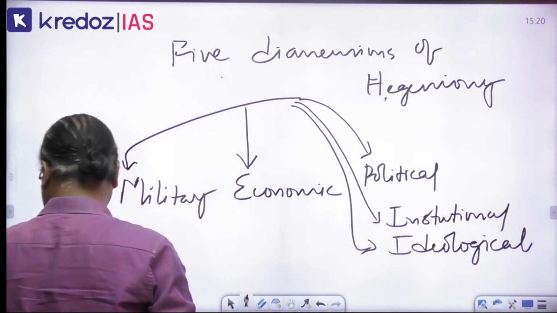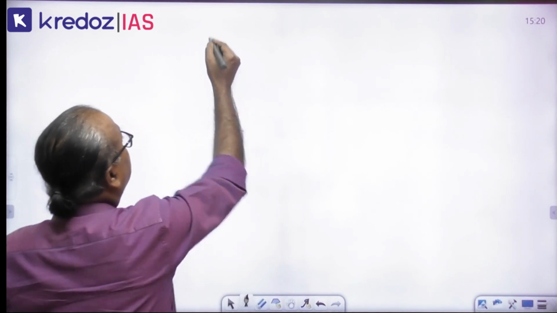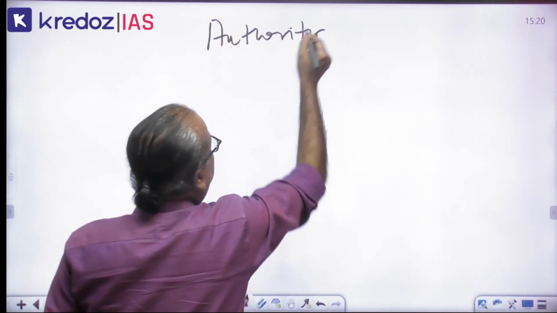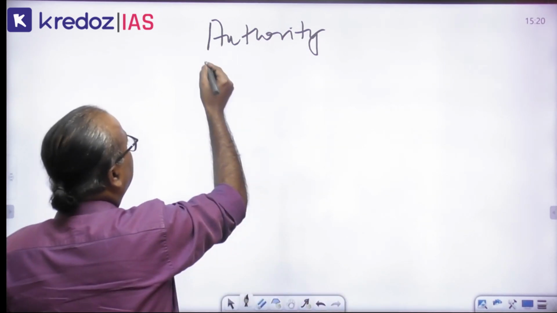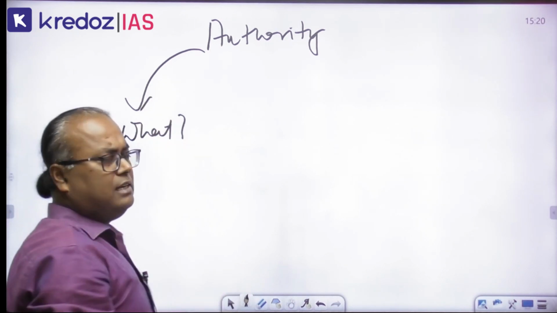After understanding power and hegemony, you have to understand what is authority and what is the difference between power, hegemony and authority. Again here, the very first thing you are going to learn is what authority is all about.